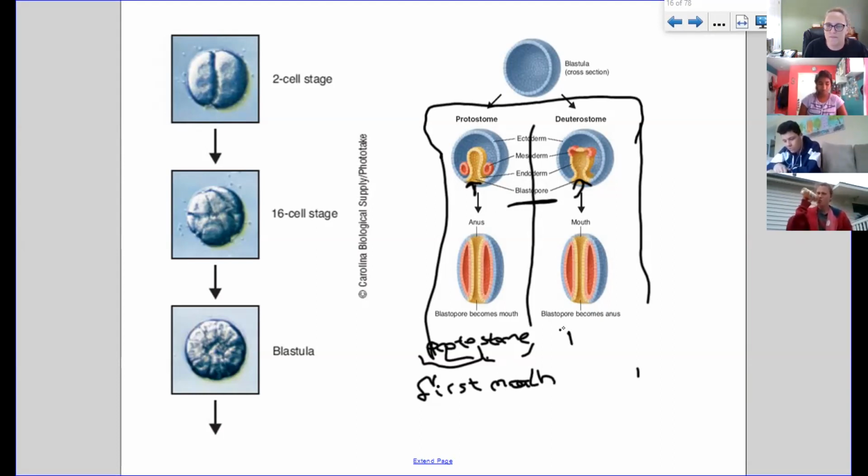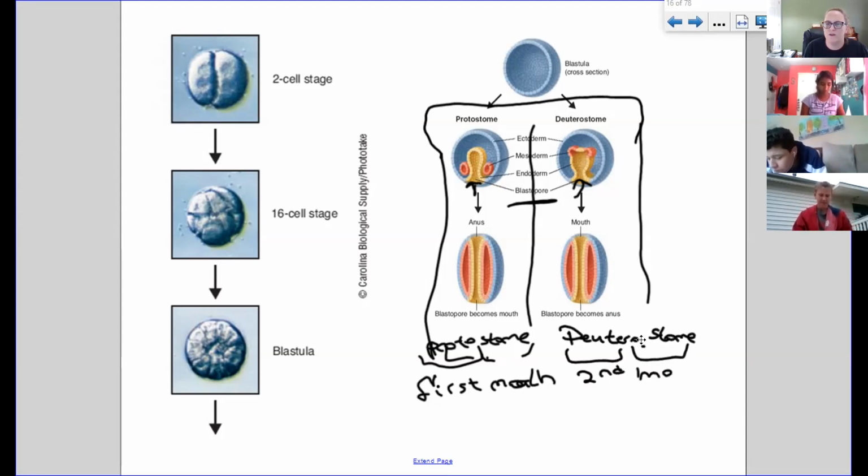Deutero means second, and then stome means mouth. So, you know how I've told you guys all year that your head was lodged in your anal sphincter? It's because your anus formed first and then your head got stuck in there. Doesn't it all make sense now?